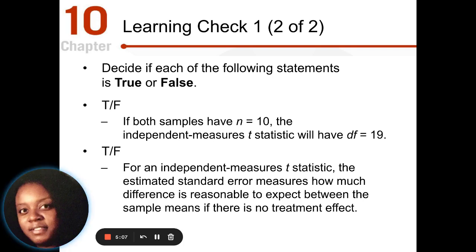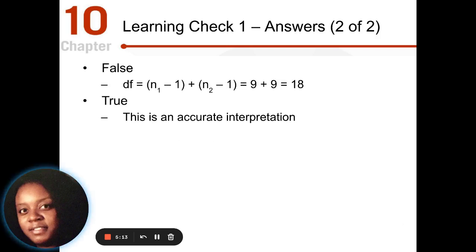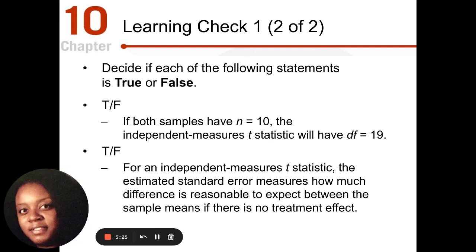Go ahead and take a few moments to think about both of those. And the correct answer is false and true. You can see for the first one, that was calculated to 18. And then that is a true interpretation here. So instead of it being 19, it's actually 18.